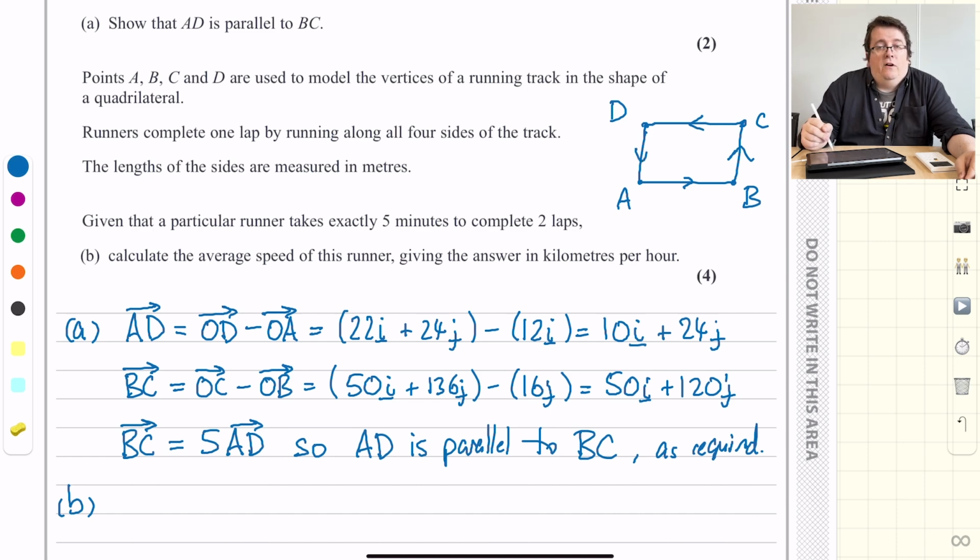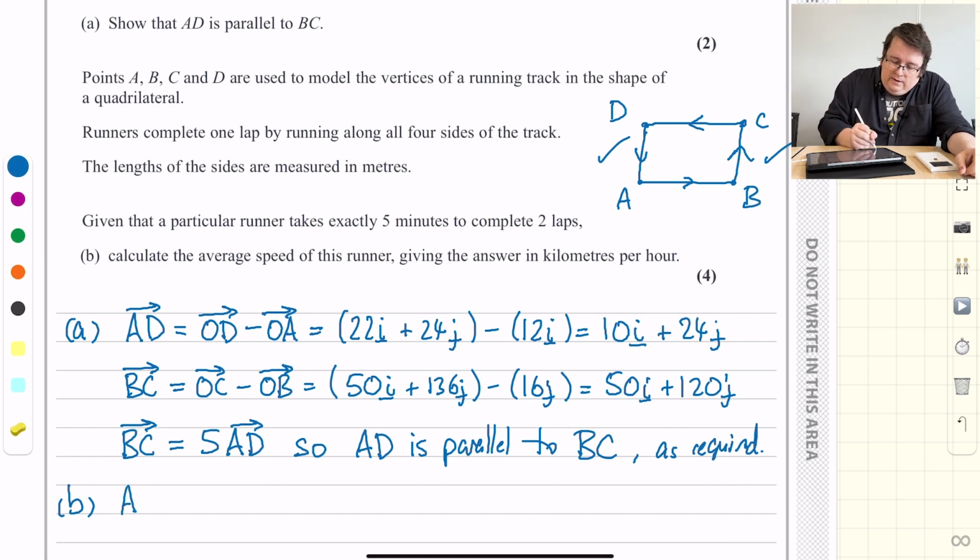If I work out those lengths, I can double it and then figure out how fast it would take to get around there in 5 minutes. So I already have AD, so I've got that side fixed, and I've got BC, I've got that side fixed. So I need to find AB and CD.